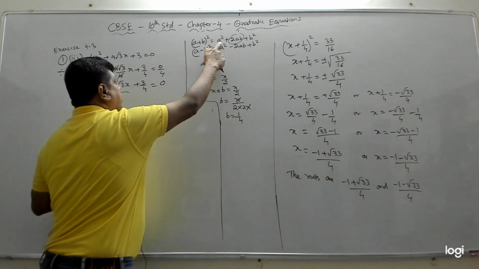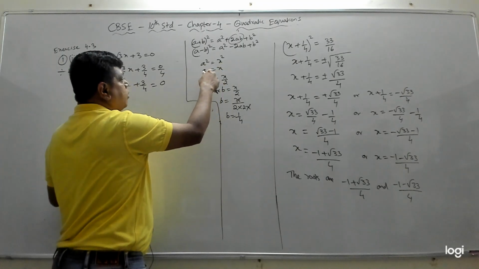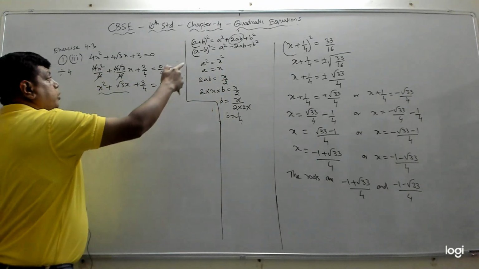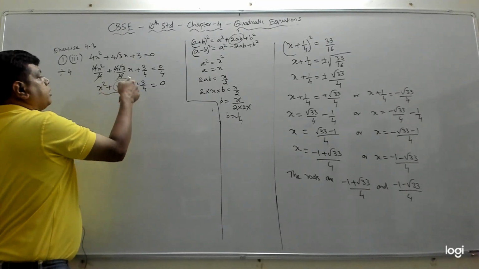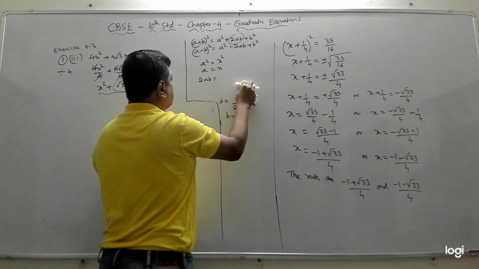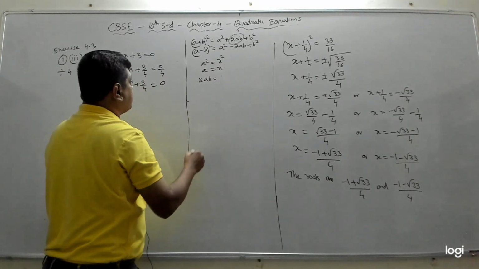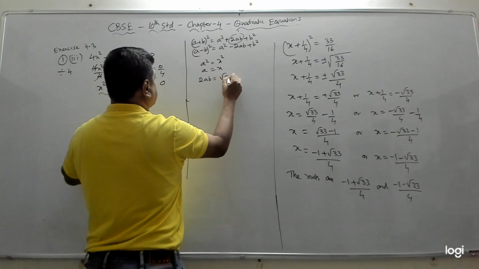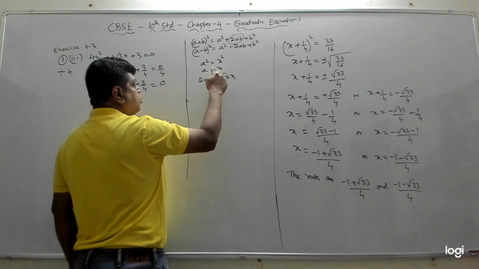Which means my a square should be equal to x square. So I am putting a square equal to x square here, so a equal to x. Then my 2ab should be equal to root 3x. Now we should find the value of b. We substitute a is x here.